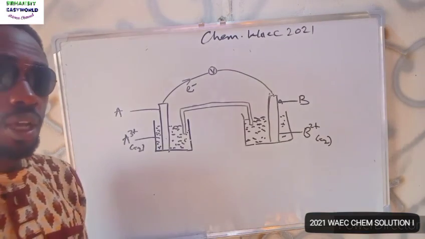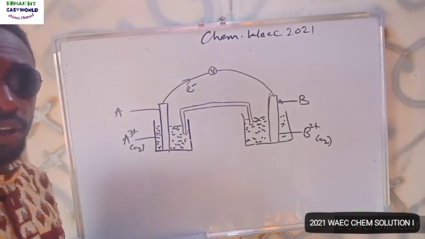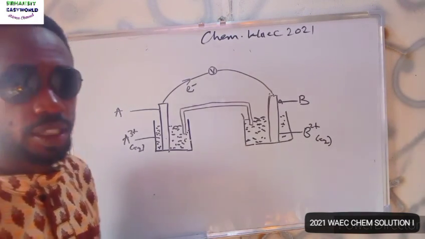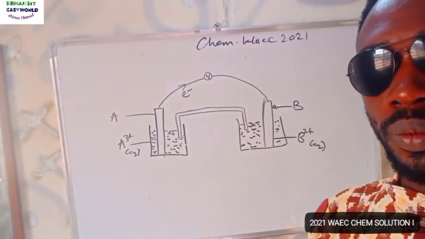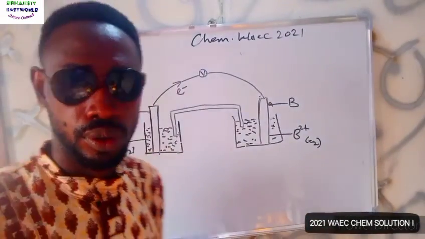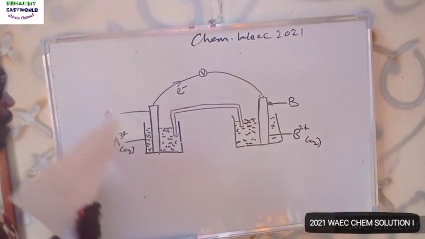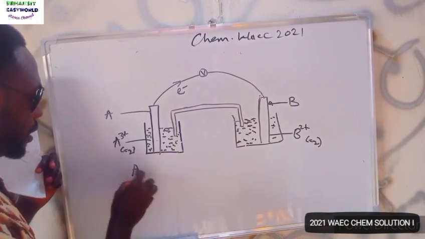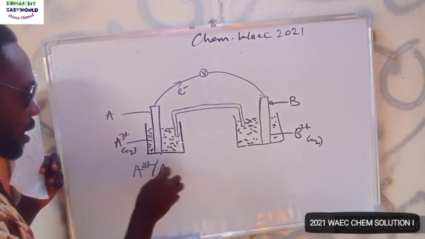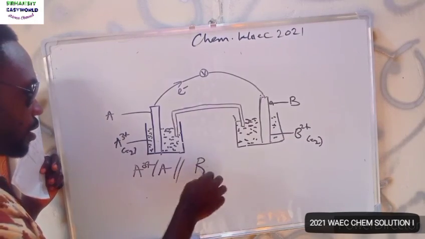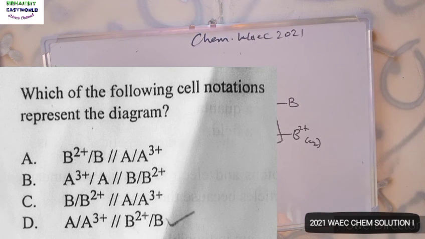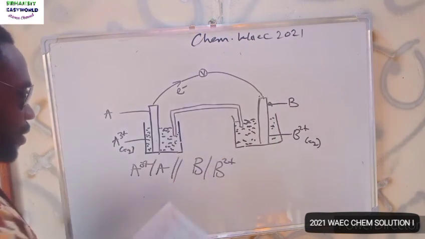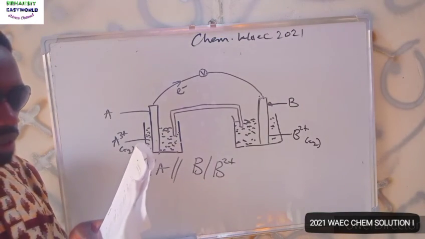In cell notation we use a metal-ion-metal system. Meaning this is the ion, Al3+, slash the metal, and the same thing here, the metal slash the ion. So looking at the options, the nearest correct one should be option B. That's describing these half cells correctly.